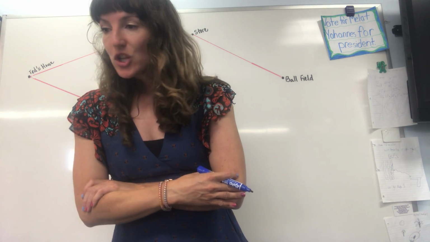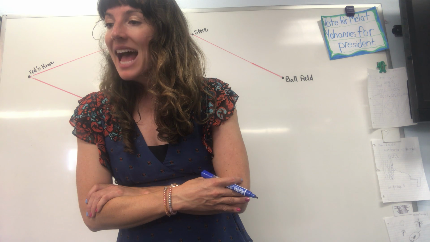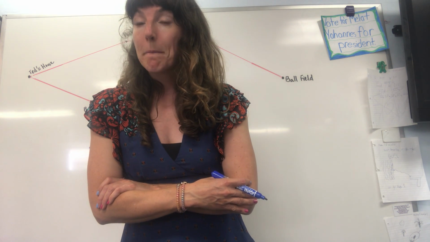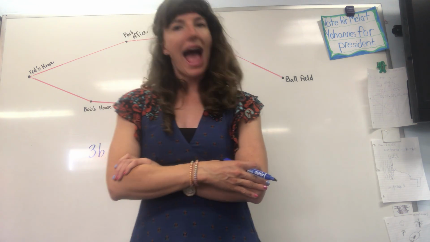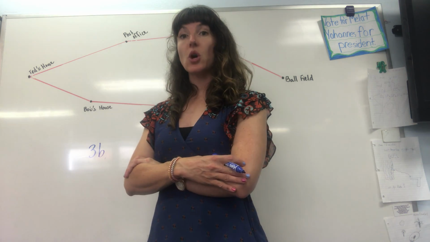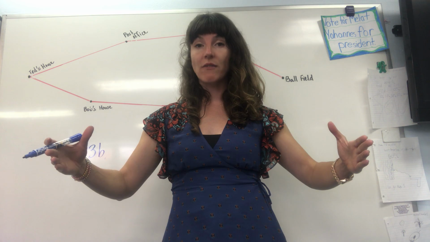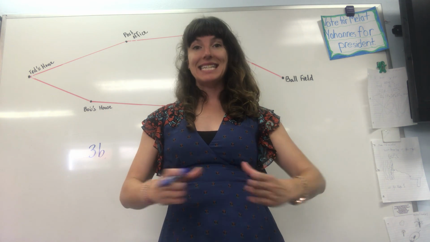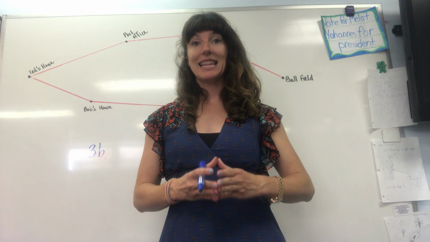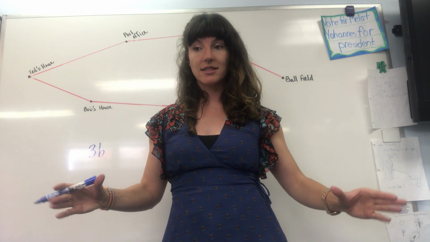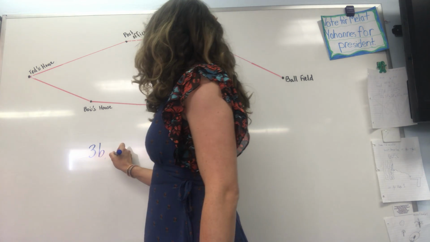Mr. Montoya drove for 7 hours at the average speed of 59 miles per hour. How far did he travel? Okay, so the question is, how far did he travel? That is distance, okay? That's miles. Now, this is what I'm going to do.